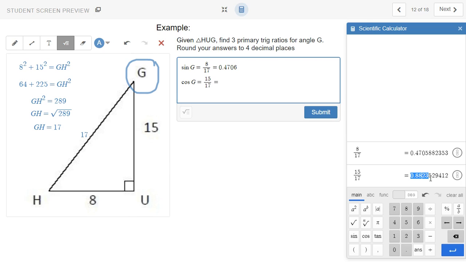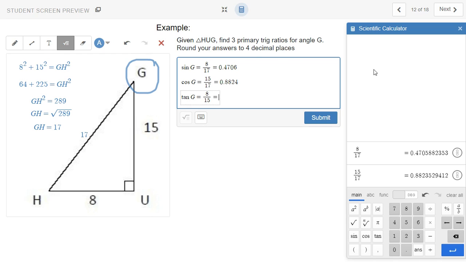We're going to round the last digit up to a 4. 0.8824. Finally, we have tan G, and we're going to use opposite over adjacent, 8 over 15. And we have 0.5333.